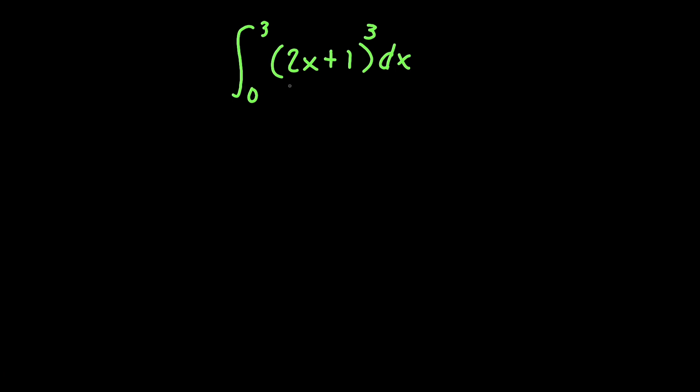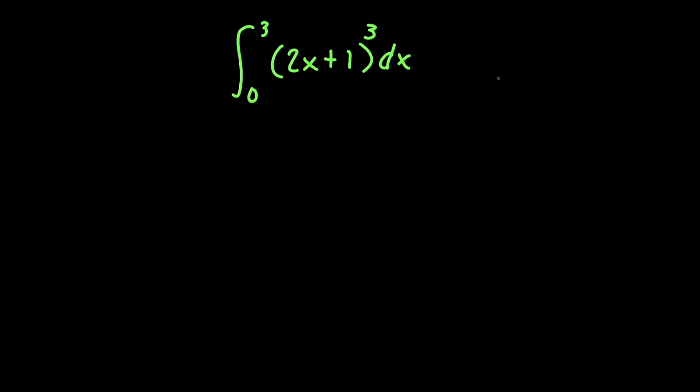Problem. The integral of 2x plus 1 all raised to the power of 3 from 3 to 0. So for this, whenever you encounter an exponential like this, you can use a technique called u substitution, wherein you can substitute this into a variable, let's say u.